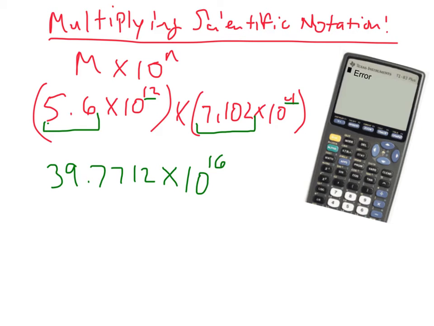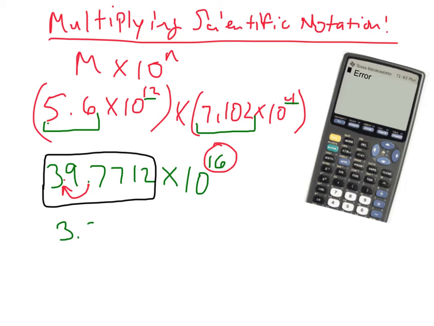Now I told you previously that you cannot have an m that is not between 1 and 10, or 1 and 9.999, because then you're not on a base 10 scale anymore. So what we have to do is take that decimal and move it back one more spot, and that's going to increase the exponent over here by one more.